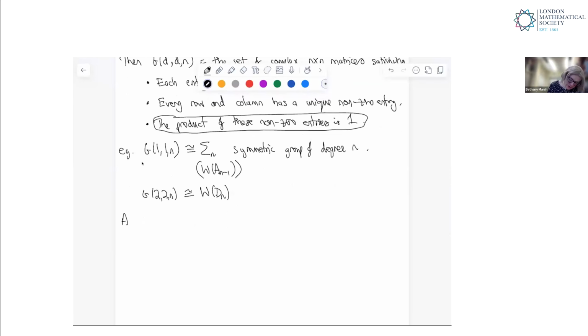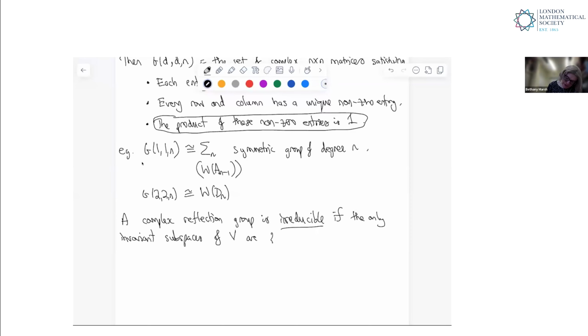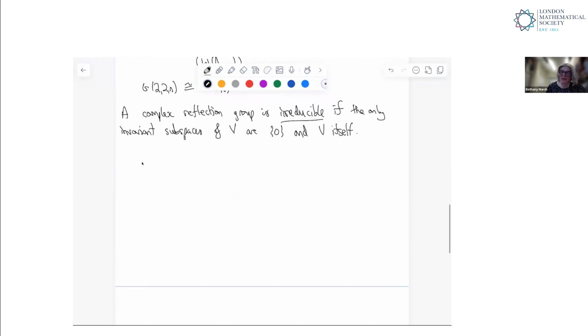So a complex reflection group is irreducible if the only invariant subspaces of V are the 0 subspace and V itself. Okay, we can somehow reduce the study to these cases.